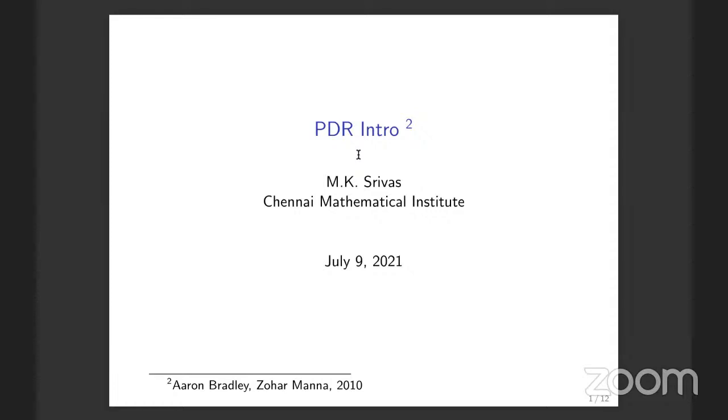I don't know if he has got a Turing Award or not. Aaron Bradley did it for his PhD work at Stanford under Zohar Manna, done in 2010 or around. And Zohar Manna is a very big name in theorem proving, model checking, generally verification, programming logics, what have you.